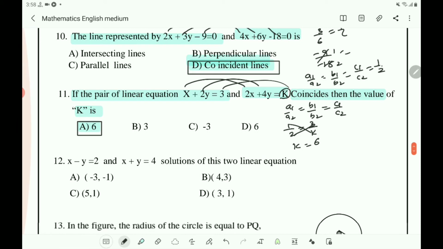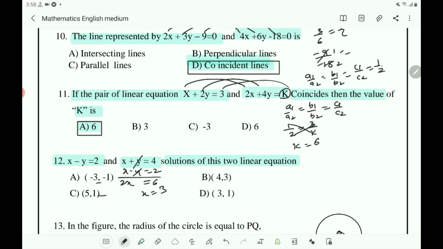Next you take question number 12. x minus y equals 2 and x plus y equals 4. Find the solution of these two linear equations. Here, if you add these two, y and minus y cancel, 2x equals 4 plus 2, which is 6. So you got x equals 3.